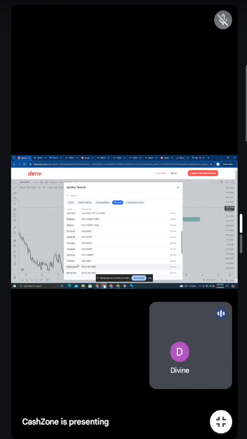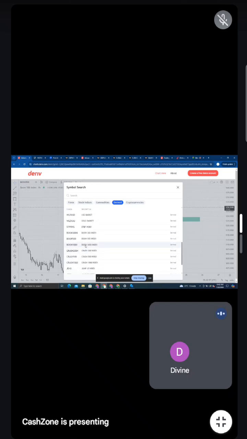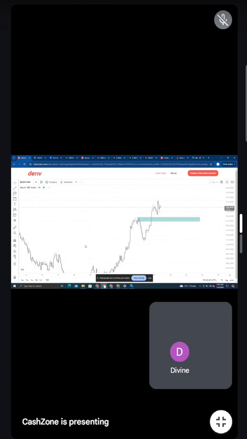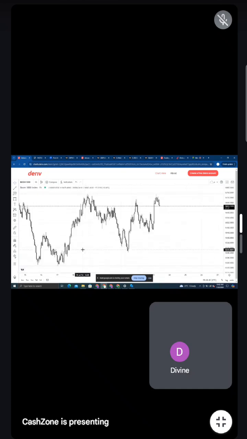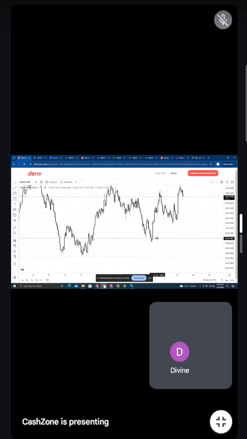See all this thing here. It's not everything here I'm trading. I trade Step. I trade Step there, but I need to trade other stuff. Breaker structure.